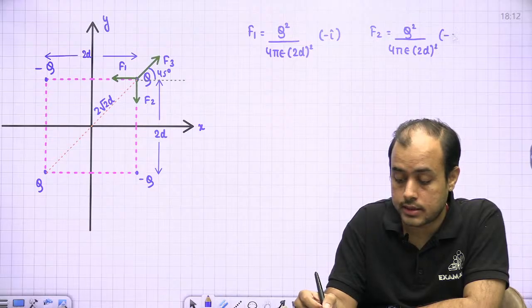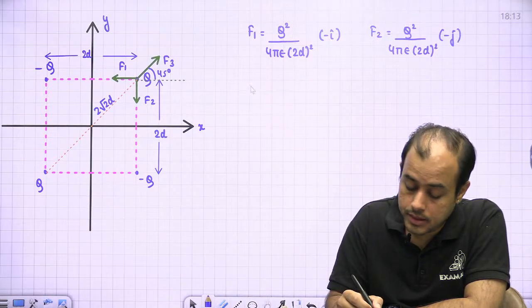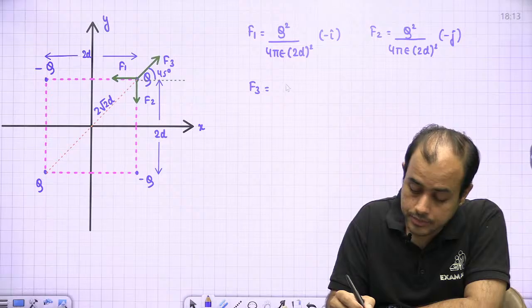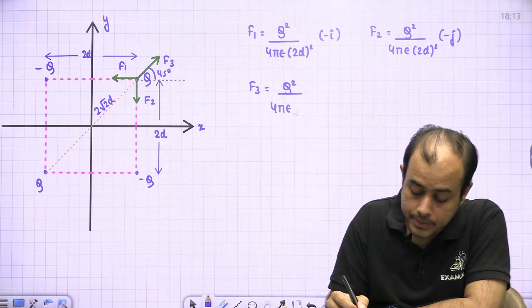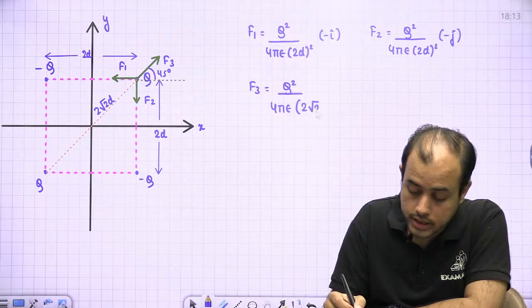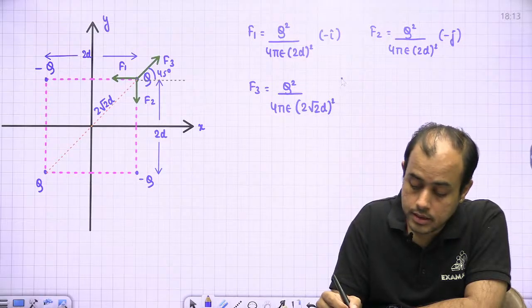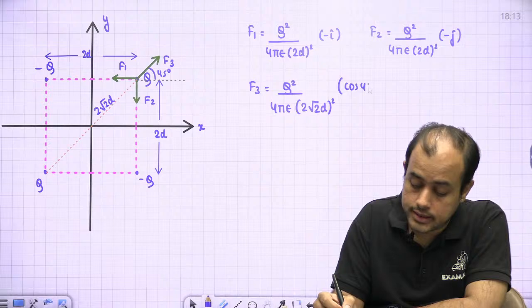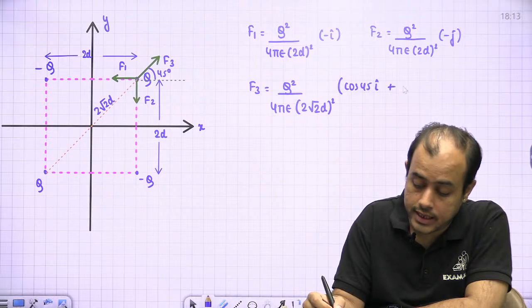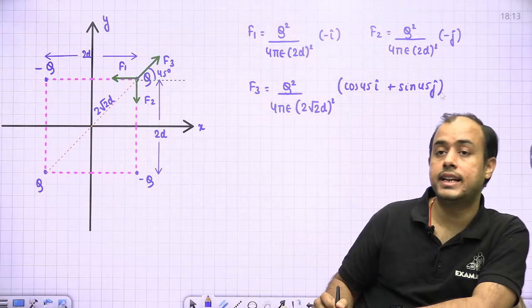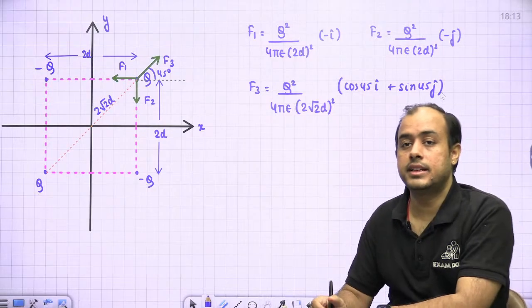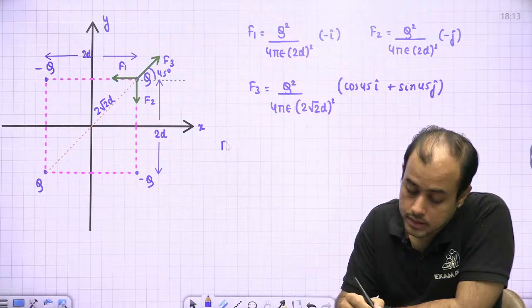It is downwards, so minus J cap. And F3, Q square by 4 pi epsilon 2 root 2D square. Now the direction is cos 45 I plus sin 45 J. It is to the right and up. ठीक है, मैंने 3 parts में तोड़ लिया.